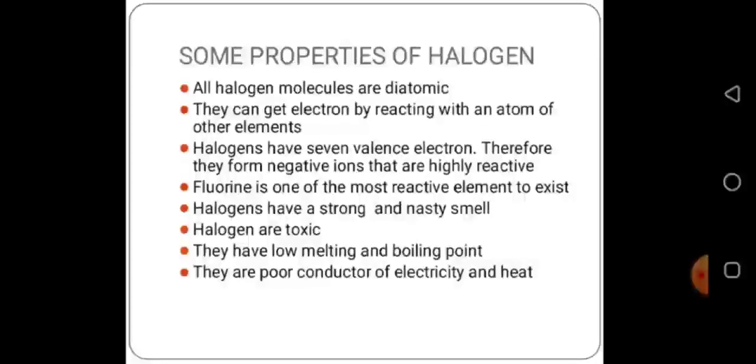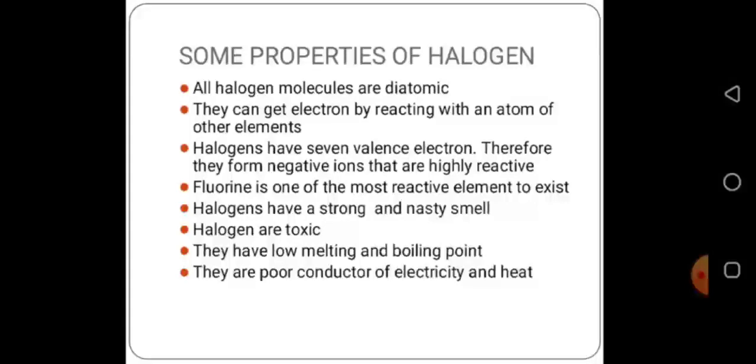Then halogens have some unique properties. So let us see those properties that halogens have. All halogen molecules are diatomic, all of them, from fluorine to astatine, that is down the group. They can gain an electron by reacting with an atom of another element.